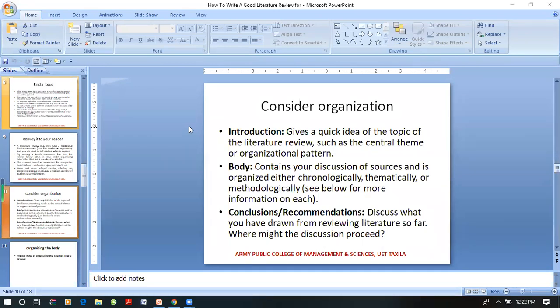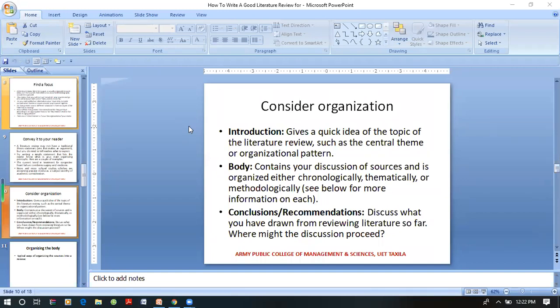So I have one question here. What is the difference between the body of a review article and an academic article? Anyone who can answer me? Any student, please, who can tell me the difference between the body structure of a review article and an academic paper?